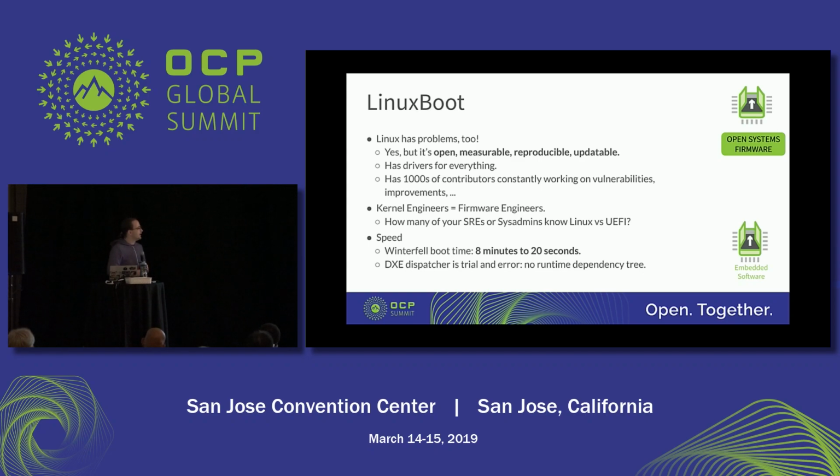I imagine if you look at a lot of the cloud companies that are around today, they are going to have way more Linux kernel engineers than they do firmware engineers. Now with that, you can also think about how many SREs or sysadmins in your organization know Linux versus UEFI.